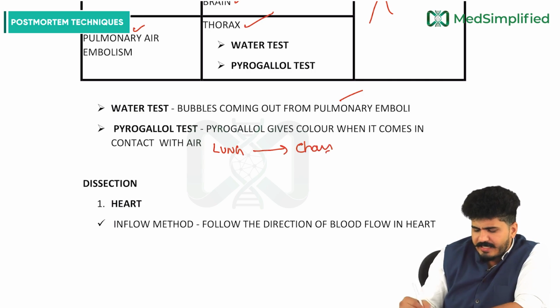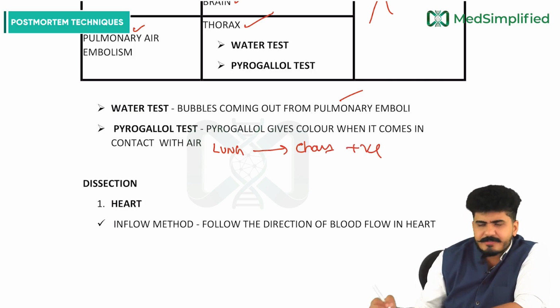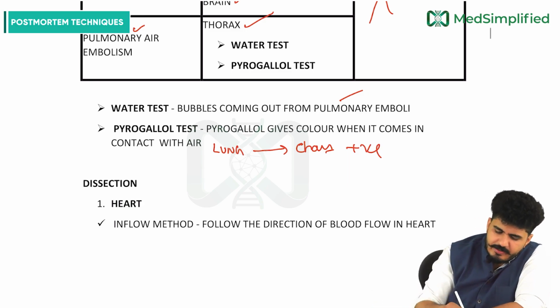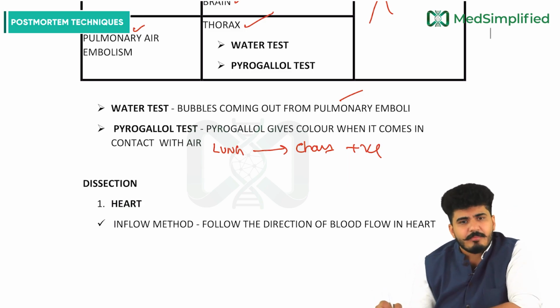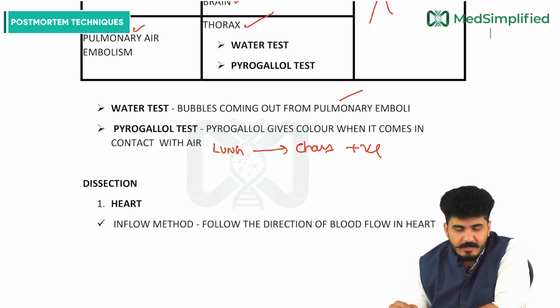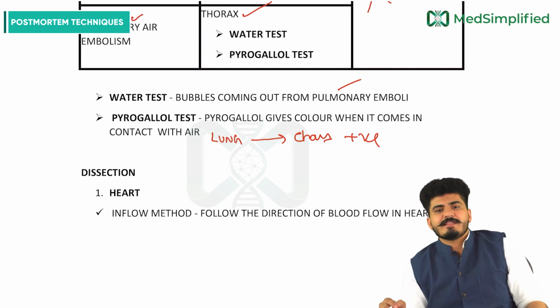If a change in color is seen, that means the test is positive. If the test is positive, that means the person died because of pulmonary air embolism, my dear friends. Done. Now, different methods of dissection we'll be talking about.